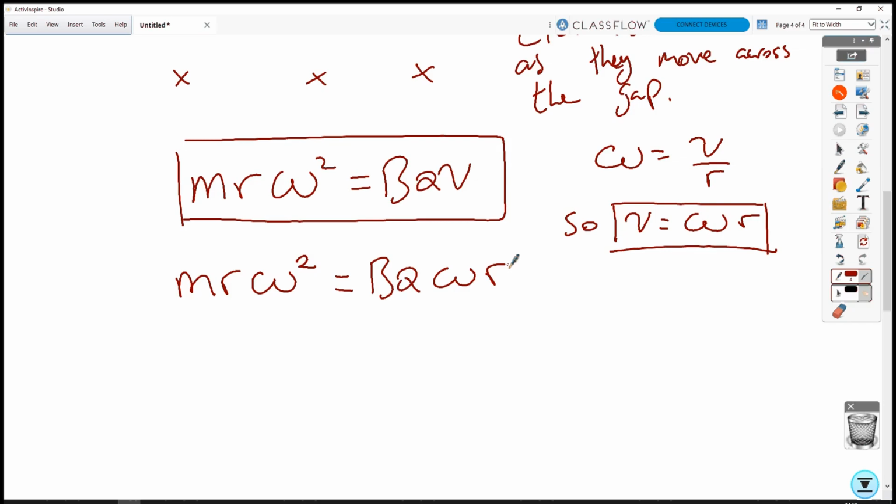If we now rearrange this, omega can cancel on the other side, and we can bring m and r to the other side. So omega equals B q over m r, but then the r's will cancel out, so it's B q over m.